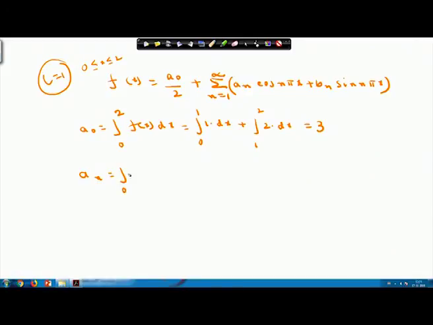Similarly, a n equals the integral from 0 to 2 of f x into cos n pi x dx. This you can write down as the integral from 0 to 1 of cos n pi x dx plus the integral from 1 to 2 of 2 into cos n pi x dx. If you evaluate the integral, you will obtain the value of both the integrals as 0.